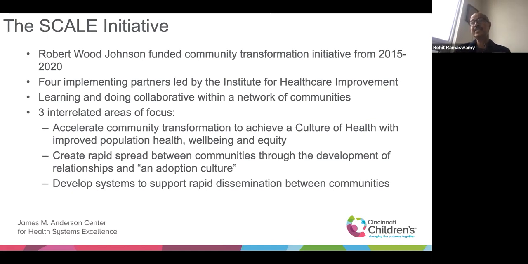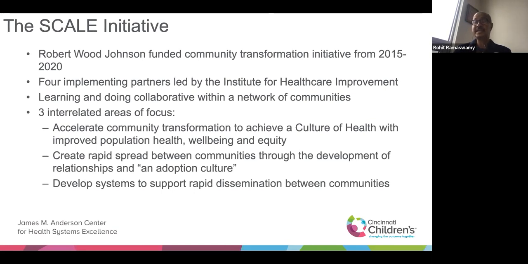And when I say communities, the total number was 20 community coalitions. Each of these coalitions was different. They were selected through a competitive process, and they were scattered all across the United States. They had different partnerships. Some of them were partnered with health systems, some of them had local community organizations, some of them had school districts.